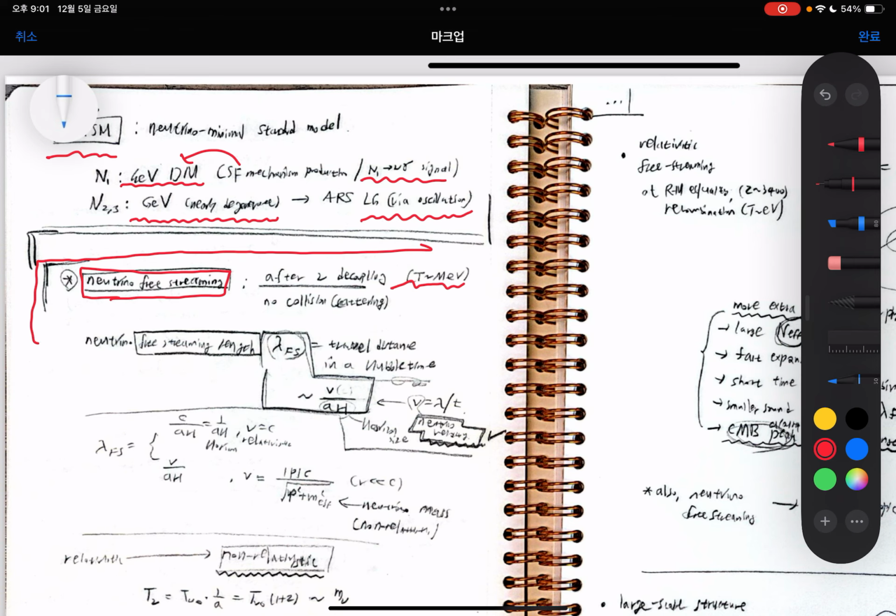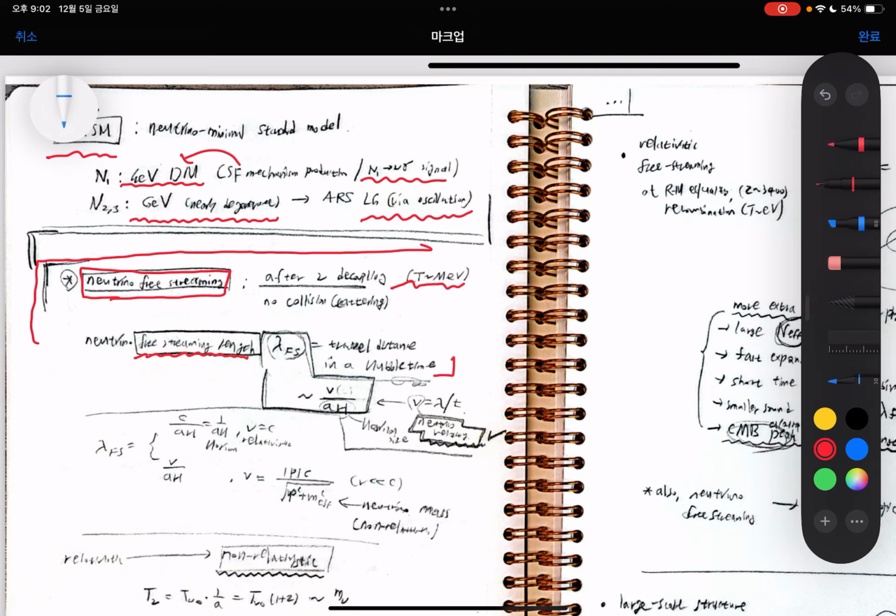This can be parameterized by the free-streaming length. Such a free-streaming length is strongly correlated with the velocity of the neutrino. Such λ_fs is defined by the travel distance in a Hubble time, the specific scale of the universe expansion.